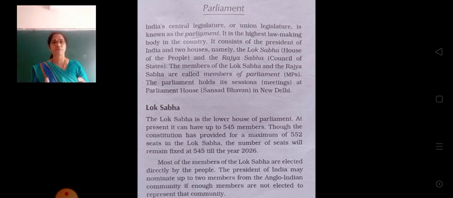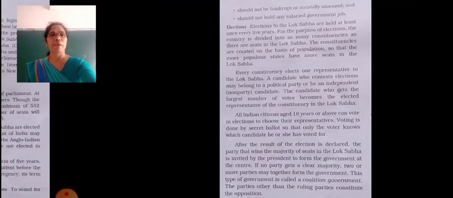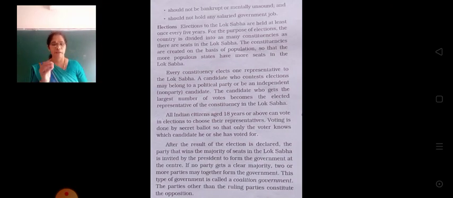He has to be aged at least 25 years. He has to complete 25 years of age, and then only can he stand as a candidate for Lok Sabha elections.